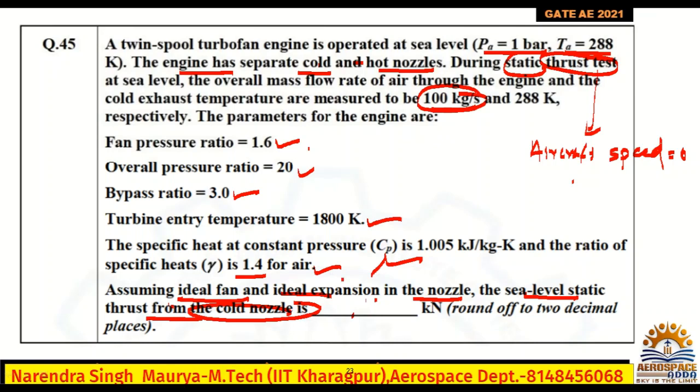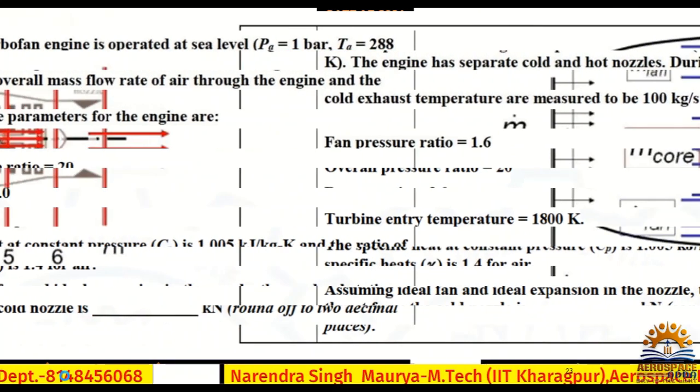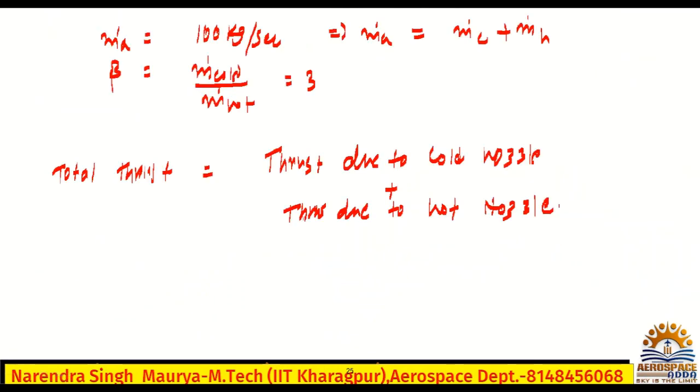They have given ideal expansion in the nozzle. If ideal expansion, then exit pressure will be ambient pressure, PE equal to PA. That means the exit pressure from the cold nozzle and the hot nozzle will be equal to atmospheric pressure, so pressure thrust will be 0. We'll not talk about pressure thrust, because they have said ideal expansion. So only momentum thrust remains, but in that also they are not talking about the hot nozzle, so I can treat it as 0, not exactly, but because we are not interested.